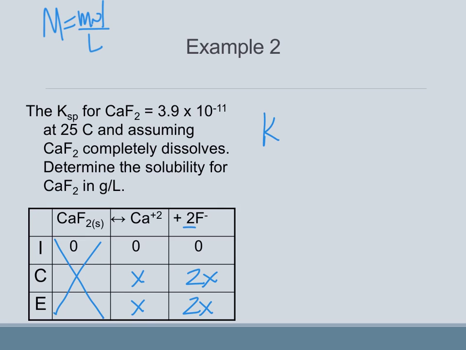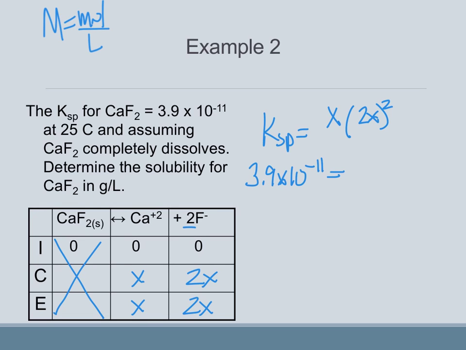So our Ksp will equal x times 2x, and remember that term has to be squared. Our Ksp was given to us, it's 3.9 times 10 to the negative 11th, and that is going to equal these two products here.